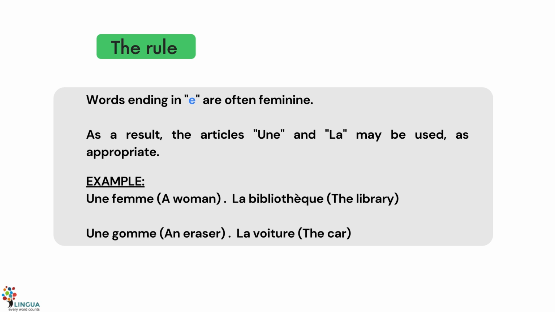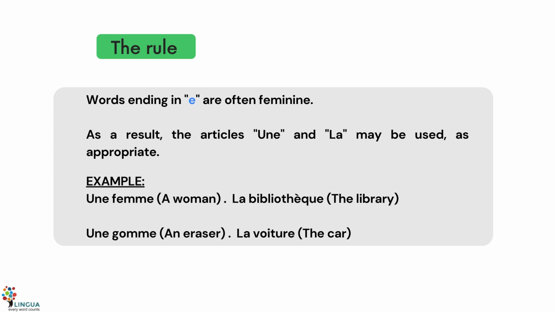So, as you can see, so far we've learned about masculine and feminine articles, but mainly broadly classified as definite and indefinite articles. And certain rules in there of how to identify, for example, a feminine word or when to use a feminine article.